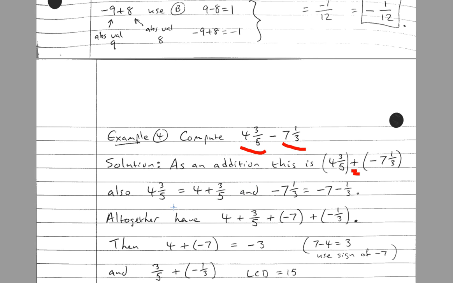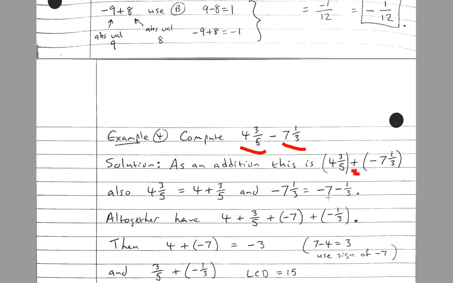Okay, now we can see maybe more clearly what we're adding. So 4 3/5, that's a mixed number, but it really means 4 plus 3/5. Here we have a negative mixed number, so that really means negative 7 minus 1/3.